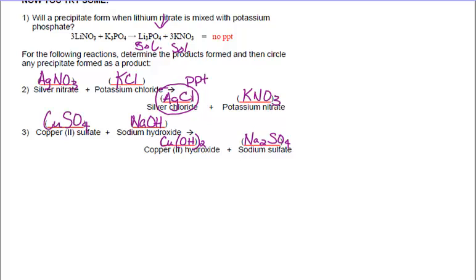So I go to table F, the third column I should say. Hydroxide is insoluble, and let's double check the exceptions. It only says when combined with group 1 ions, calcium, barium, strontium, or ammonium. Well, it's combined with copper. So this does not fall under the exceptions, and it remains insoluble, so that is our precipitate.